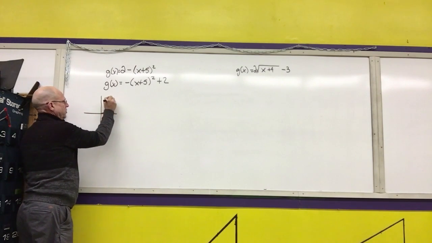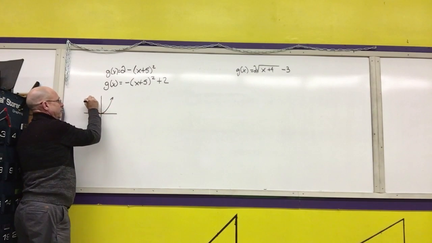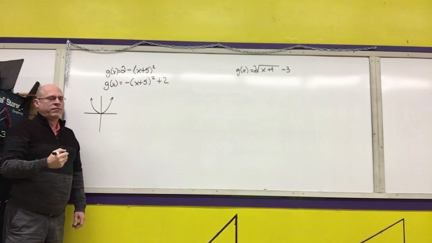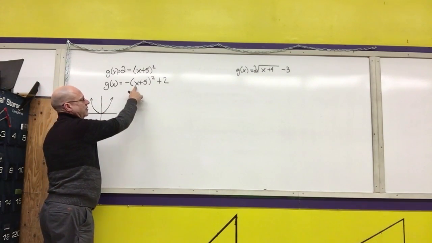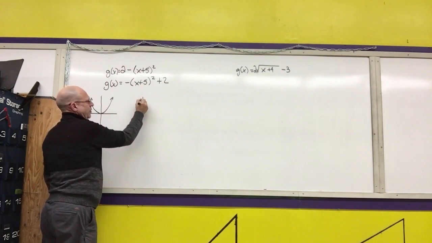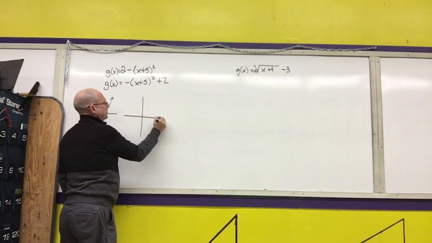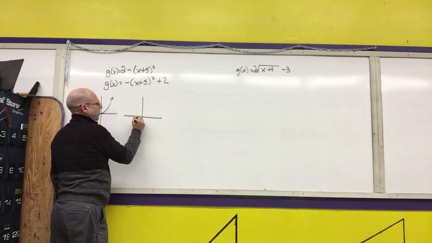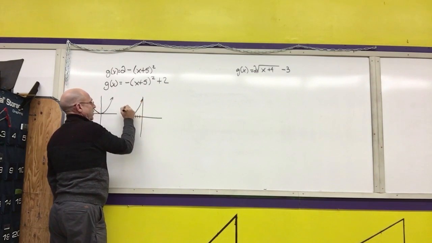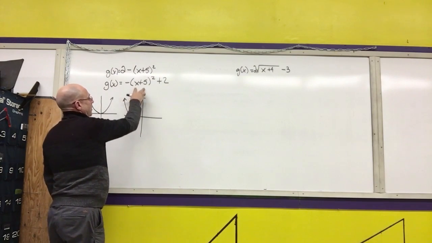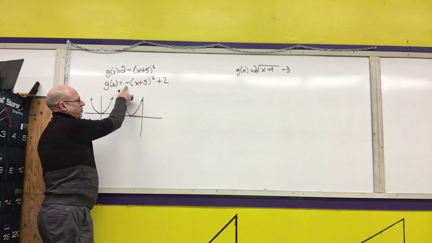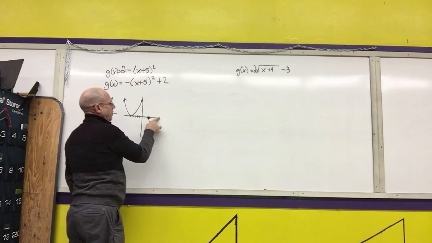So to do my series of scratch graphs, first step is to make a graph of the parent function, which is y equals x squared, which is our memorized parabola. Then you follow the order of operations. If you were to put a number in for x, the first thing you would do would be add 5. So in this case, that causes a shift of the graph to the left 5. So I now have that parabola. Then we are going to reflect the graph across the x-axis.